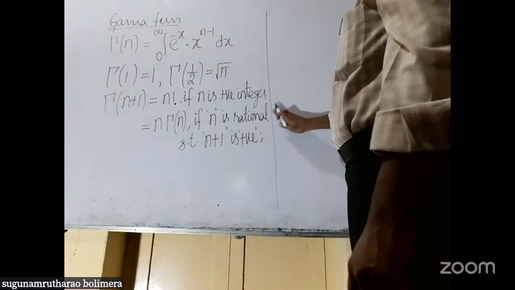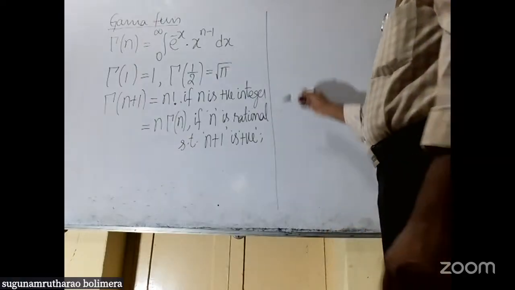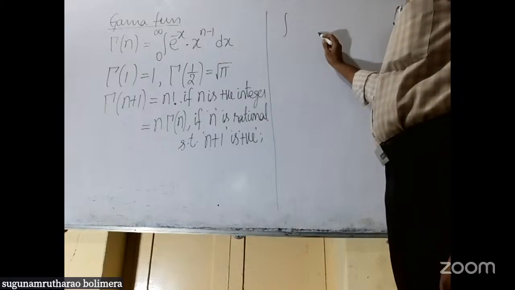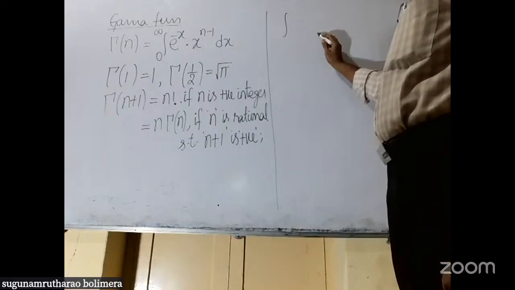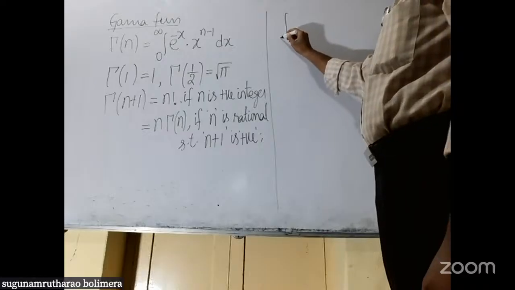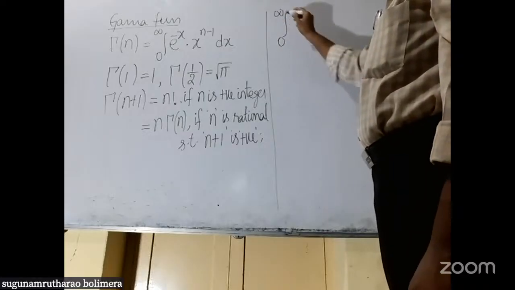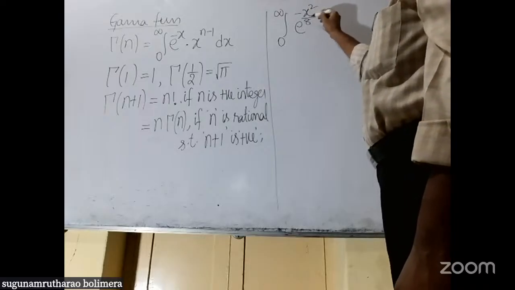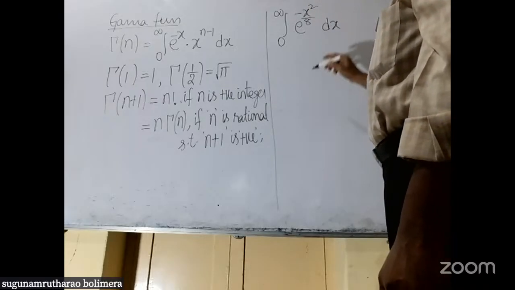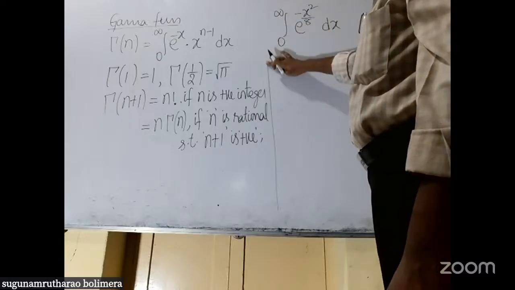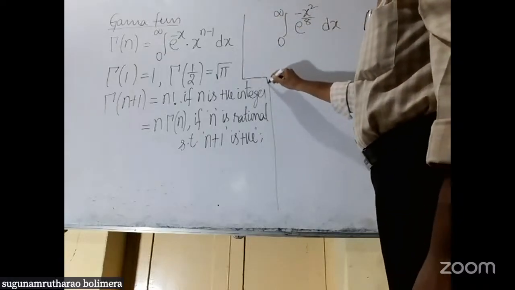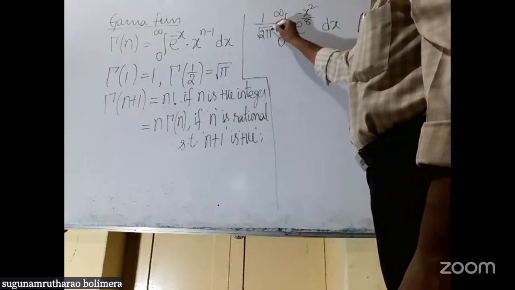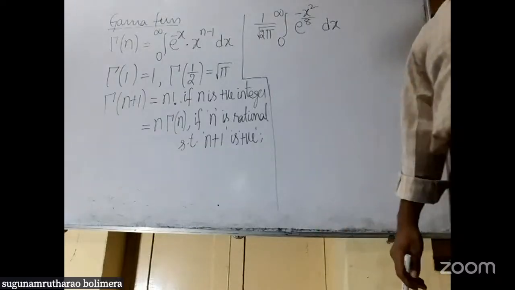It's an improper integral. Find the value of the integral from 0 to infinity of e power minus x squared by 8, dx.